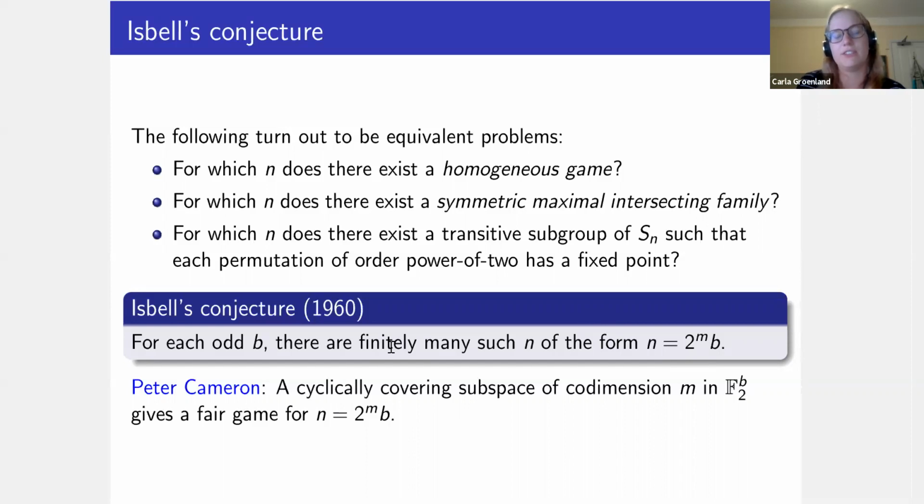Okay, so how does this relate to our cyclically covering subspaces? Well, small cyclically covering subspaces give large fair games, large homogeneous games. So Peter Cameron was interested in Isbell's conjecture, and he noticed that this notion that he introduced, this cyclically covering subspace, if we have one of codimension m, then we can use it to construct such a homogeneous game.